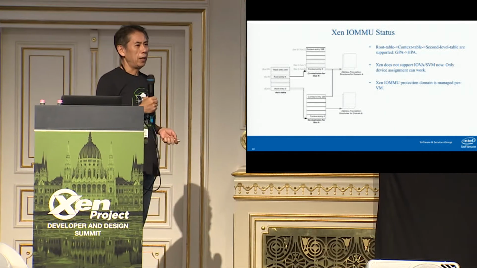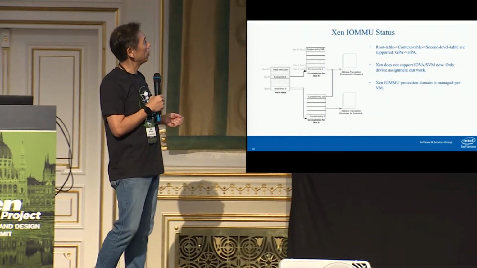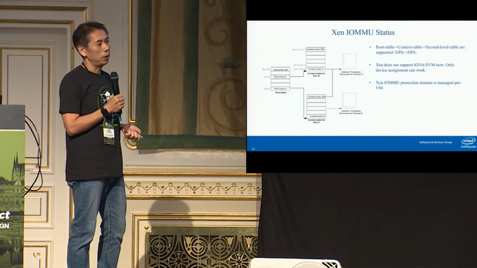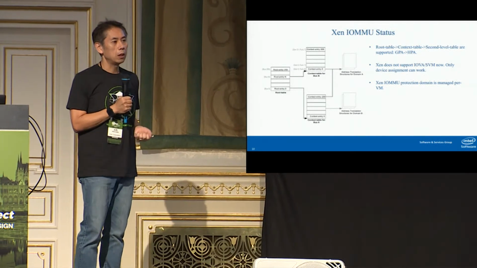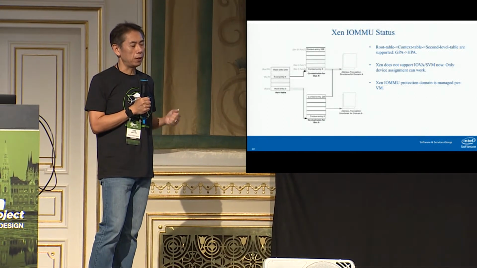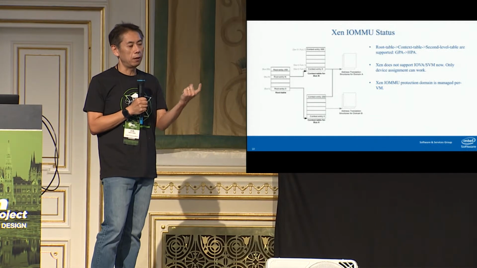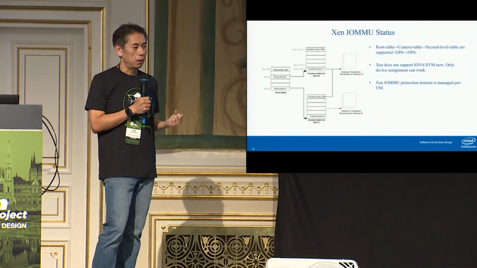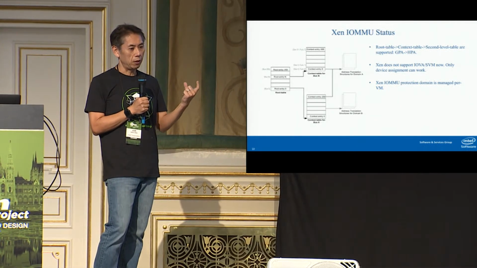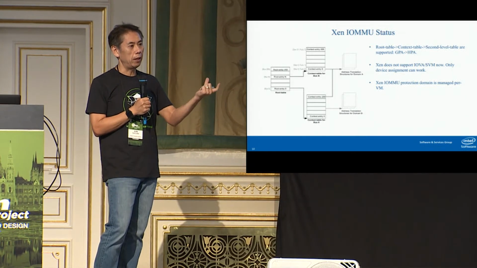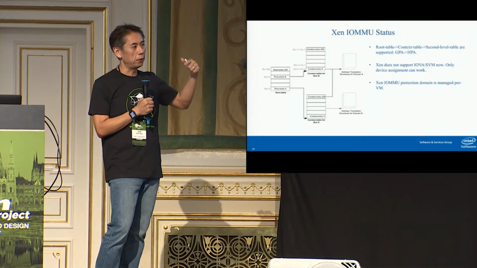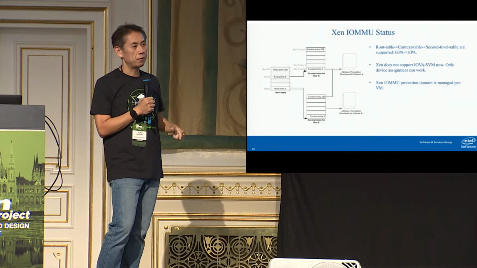So this is what we have today. I don't think we need to go through them, but what we have today is only very high level. Basically, whenever we assign the device to a guest, the VTD table is mapped for the entire guest.